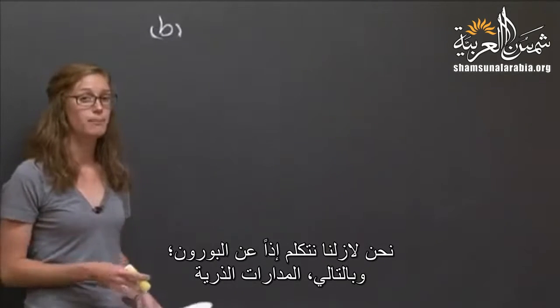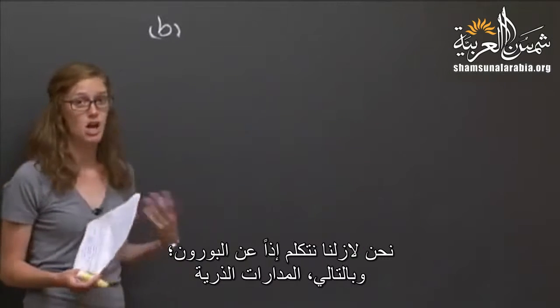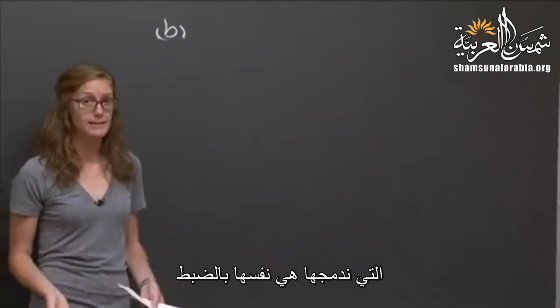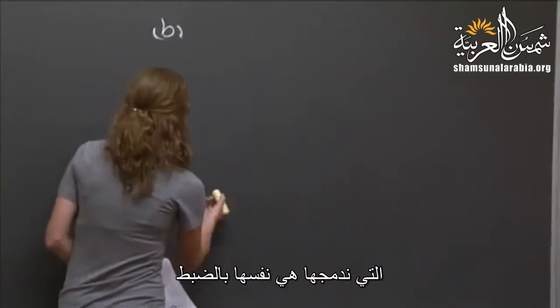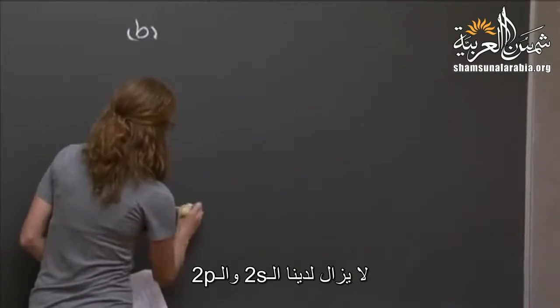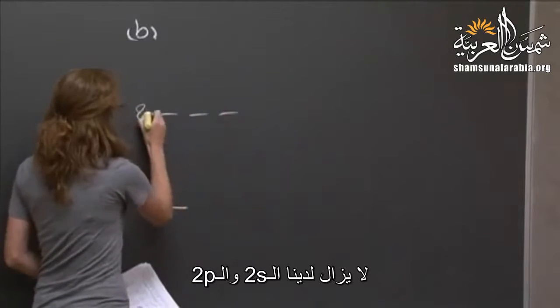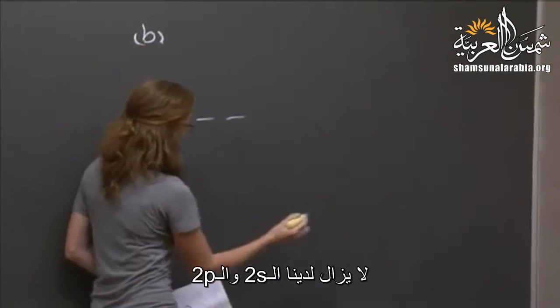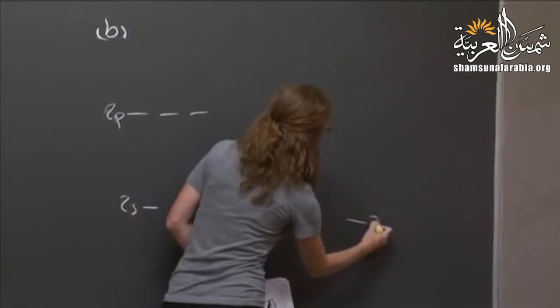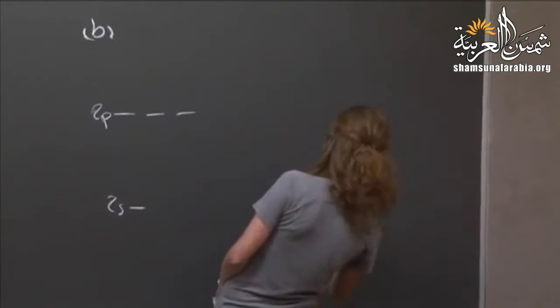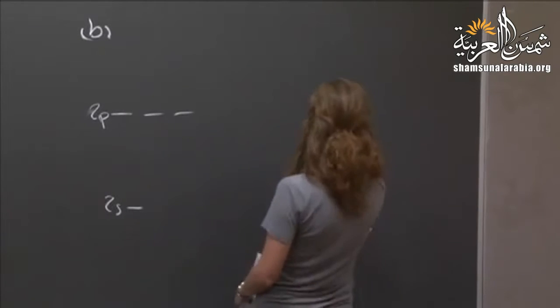So we're still talking about boron, and thus the atomic orbitals that we're combining are exactly the same. I'll write that down. So we still have the 2s and the 2p from each of the boron. That's not the same energy level.